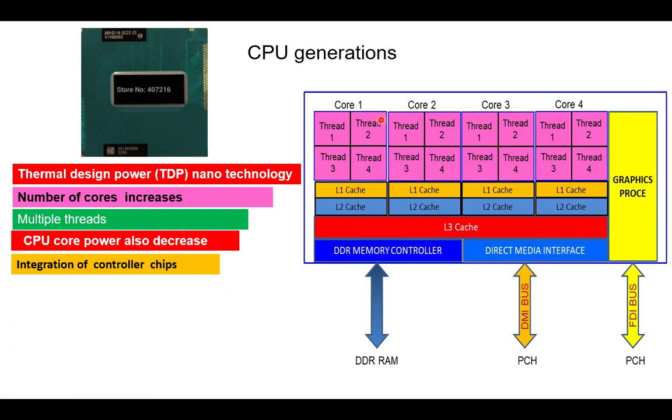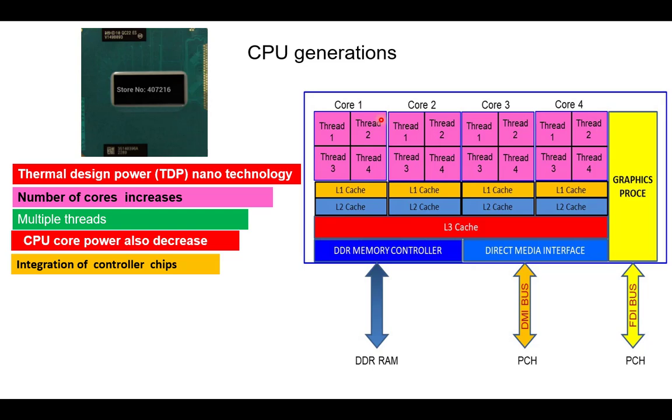The next is integrated everything, the integrated controller. In Core Studio processors, there are two chipsets. One is called the North Bridge and another is called the South Bridge, or the MCH and the ICH. Plus, Core Studios require clock chips also. But later on, the MCH, ICH and clock chips were integrated into a single chip, and only the CPU and the PCH work together.